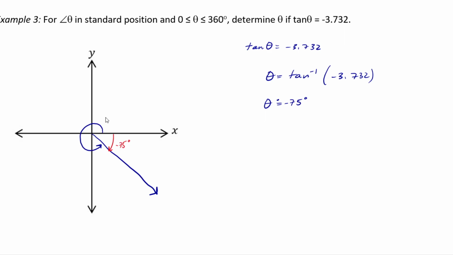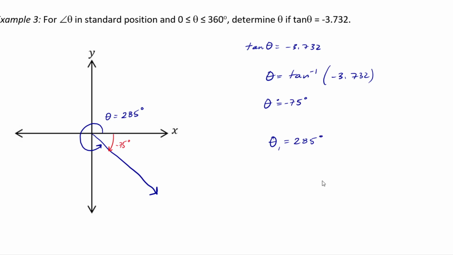And so this theta right there is going to be equal to 285 degrees. That 285 degrees rotation arrives at the same terminal arm as negative 75 degrees. So one of your possible answers, theta sub 1, is equal to 285 degrees.